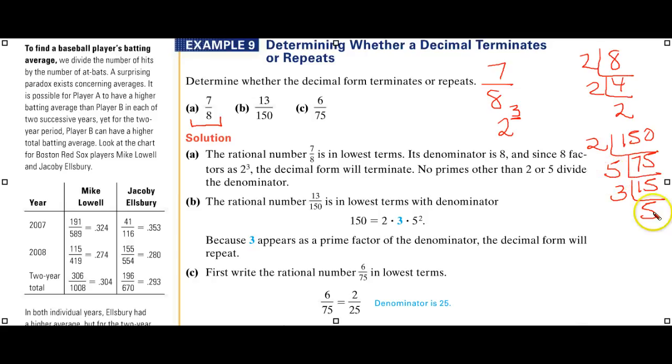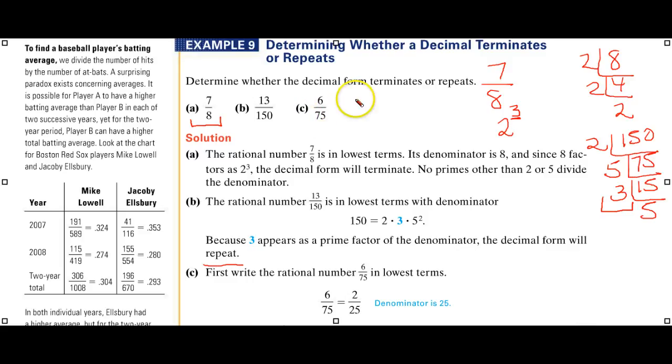So our prime factorization contains 2 5's and a 3. Because it has a 3, not just a 2 and a 5, when we simplify it, this will be a rational number that repeats, again because of that 3.